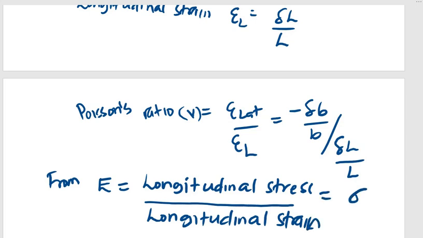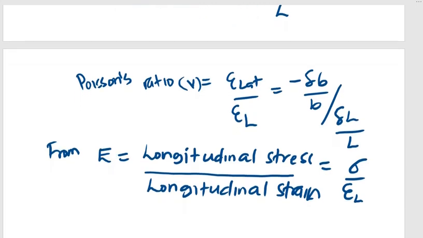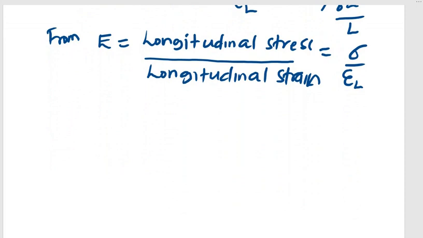This means sigma, which is used to mean stress, divided by the longitudinal strain epsilon L. It means therefore I can say this Young's modulus E is equal to sigma divided by longitudinal strain.